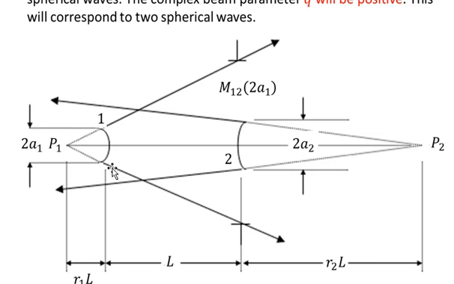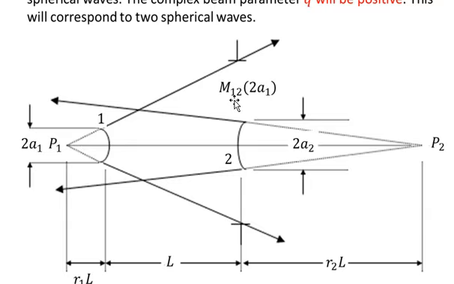And similarly, the light which is reflected by mirror 1 towards mirror 2 is shown by the two rays forming a cone of rays. I have shown two extreme rays from mirror 1. The diameter of this cone at the location of mirror 2 is M12 times 2a1, where 2a1 is the diameter along the transverse direction of mirror 1 multiplied by M12, which is the magnification.